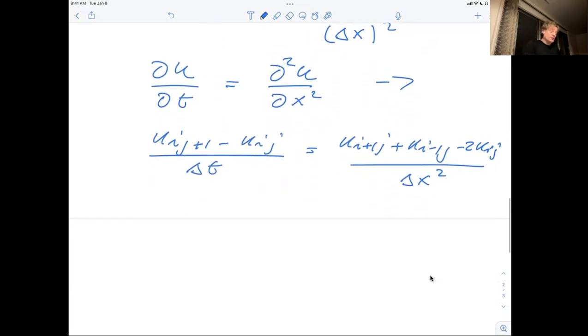We're now going to introduce a new constant, which I'm going to call alpha, and this is given by delta t over delta x squared, so I multiply with delta t on both sides.